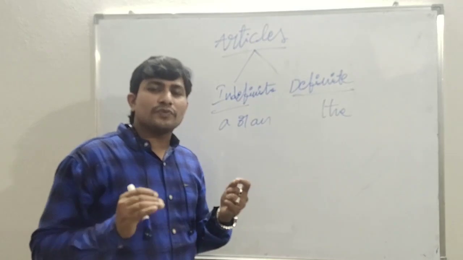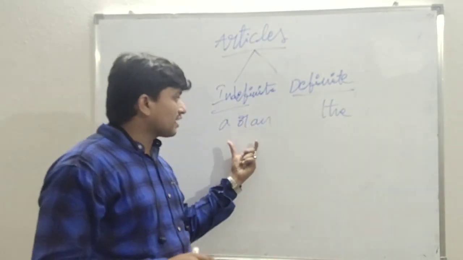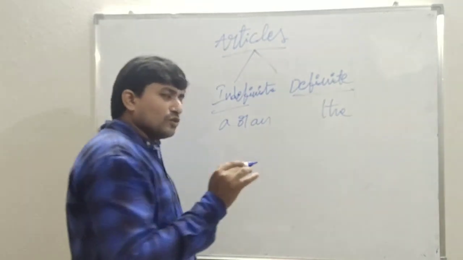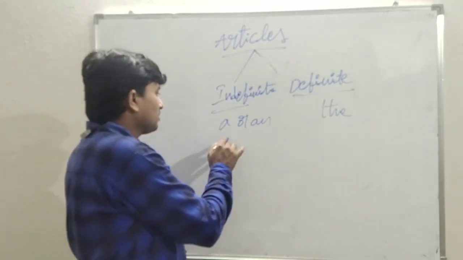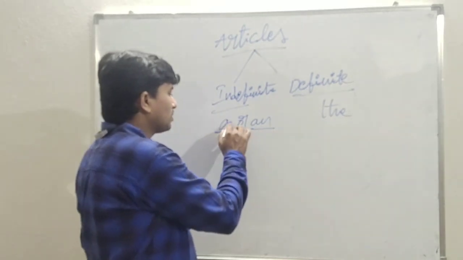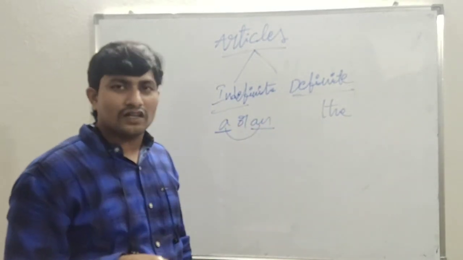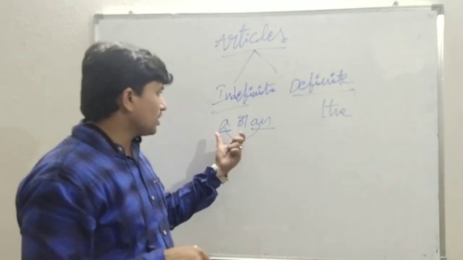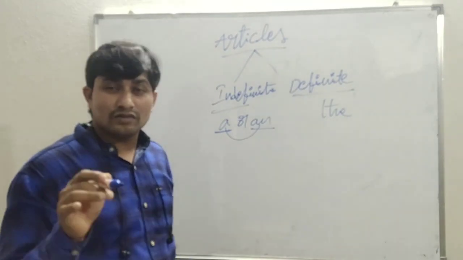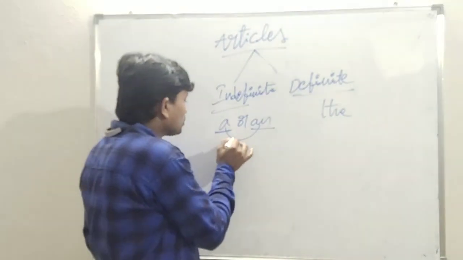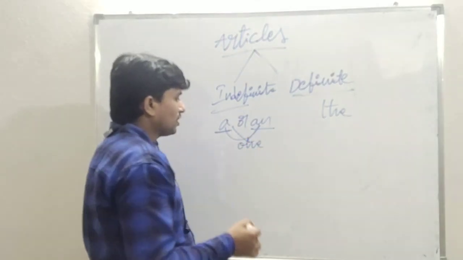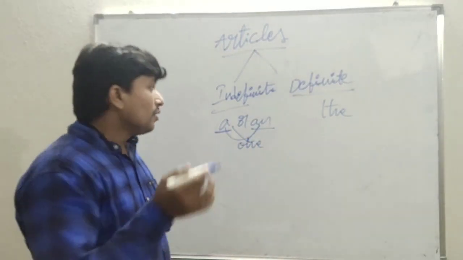Here, most people get a doubt: why is it called the indefinite article, when there are an, a, an, so these are the 2? That is the wrong method. A means 1, and an means 1 also. Both mean the same; there is no difference at all.